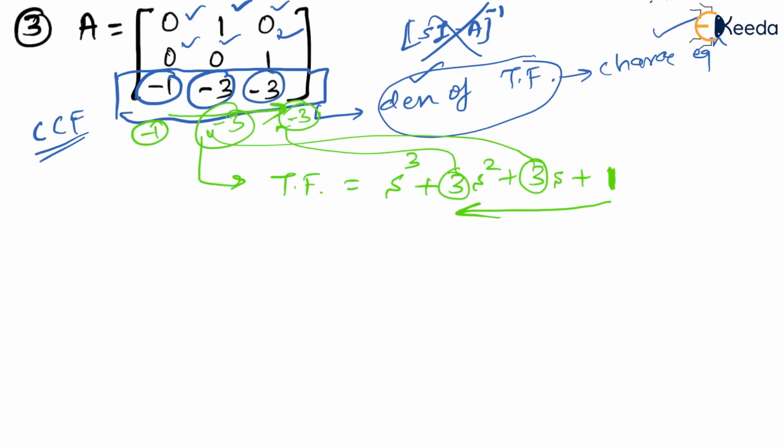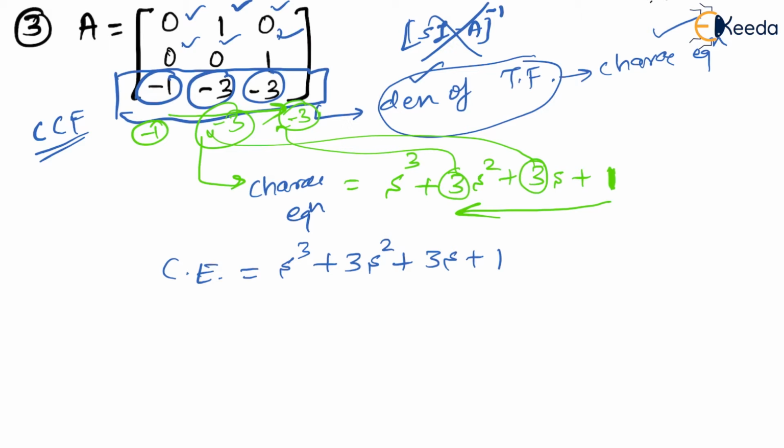That is the conclusion. So this is not a transfer function, by the way. This is the characteristic equation. So you get that the characteristic equation is s cube plus 3s squared plus 3s plus 1. Is that all right? Yes.